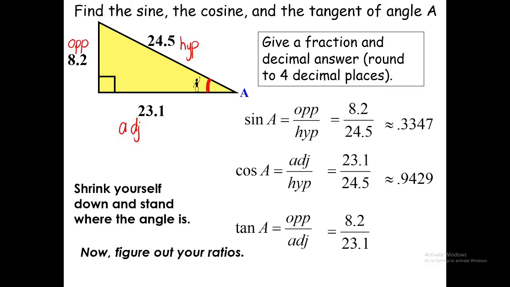So you divide the two, how much do you get when you divide 8.2 by 23.1? 0.3550, sir. Okay, I get that. Okay.